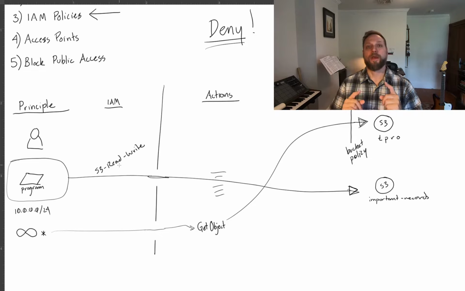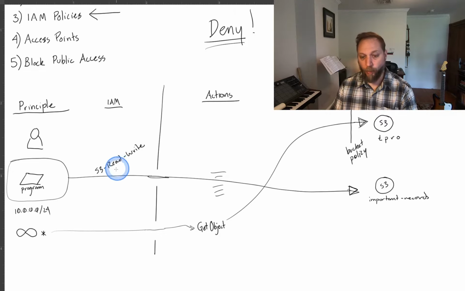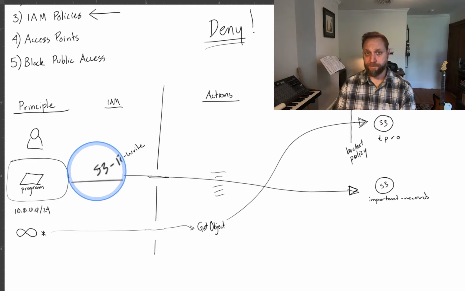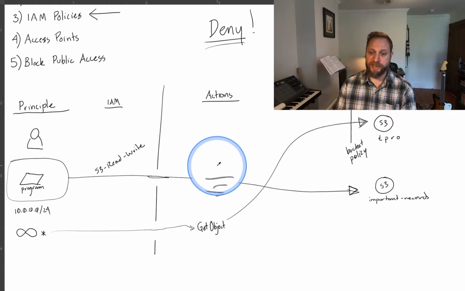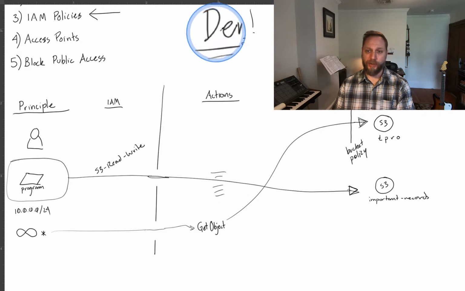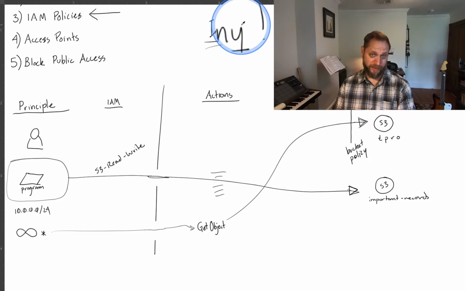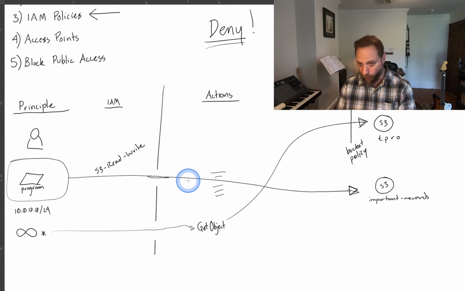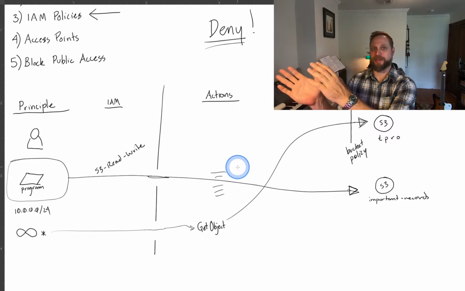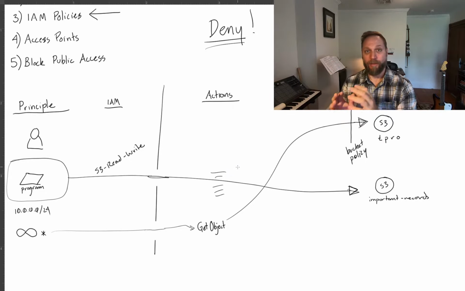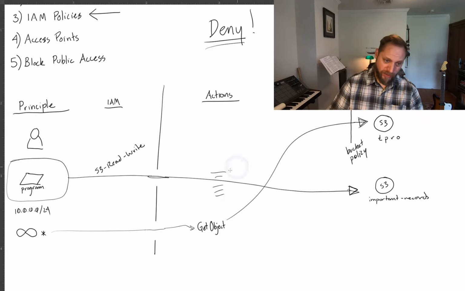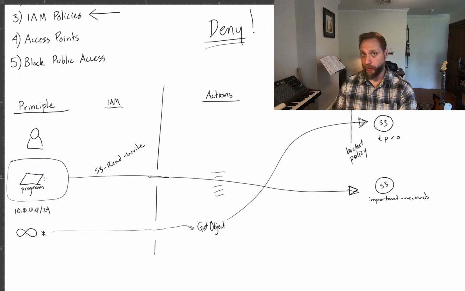So we have that one IAM role that grants a bunch of actions, and we know that AWS by default denies all actions. So we've granted those, and we have a hole through the policies to get to what we want to do. But what we really want is not to restrict actions differently. We want certain principals to only be able to talk to certain resources using those actions.